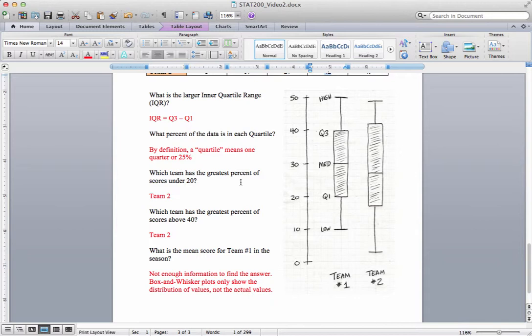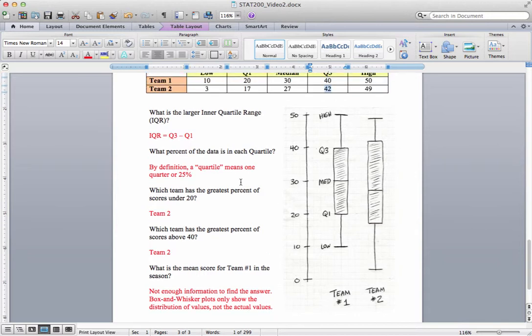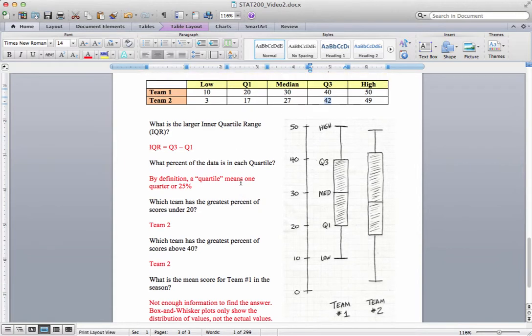And then finally, what is the mean score, the average score for Team 1? Important about this question is we do not know what the actual data values are. There's not enough information to find this answer. The box and whisker plot only gives us the distribution of the values and not the actual values. So we know where the median is.